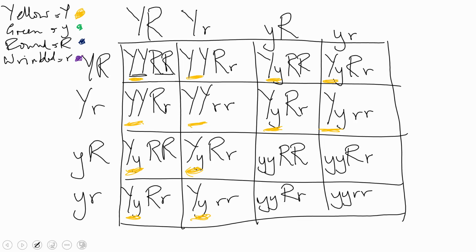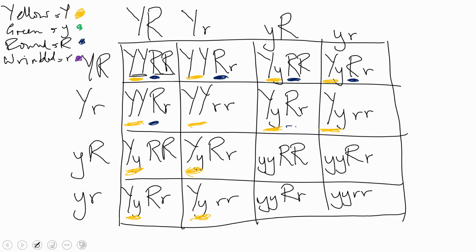Let's check what the other dominant trait is, and that was round. We made that blue, didn't we? All right, let's check all the blues. This is going to be round too, because it's heterozygous. This is homozygous round, so obviously that's round. This is heterozygous, another heterozygous.